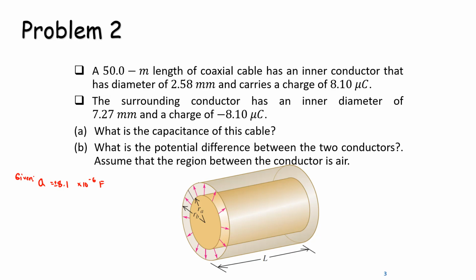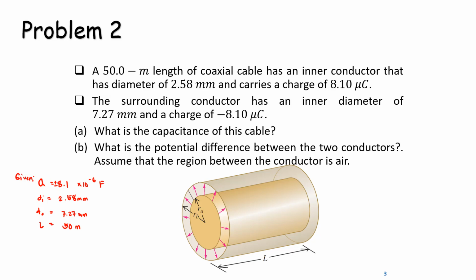And then you have the diameter of the inner cylinder. We can denote it as d sub i, which is equal to 2.58 millimeter. And then the diameter of the outer cylinder, which is equal to 7.27 millimeter. And then the length of the cylinder is also given, which is equal to 50 meter.